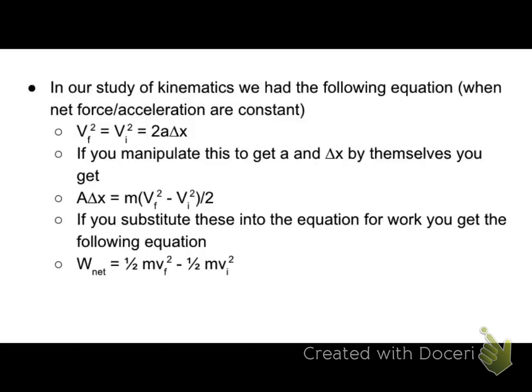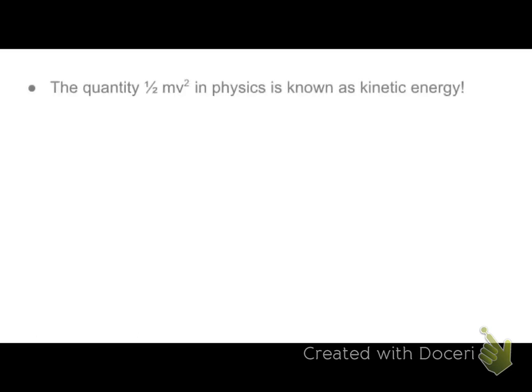I'll give you a chance to write that down. This 1/2 mass times velocity squared in physics is what we know as kinetic energy. It doesn't matter if it's initial or final, it's just the velocity. Because kinetic energy is a scalar quantity, we're actually using speed and not velocity.